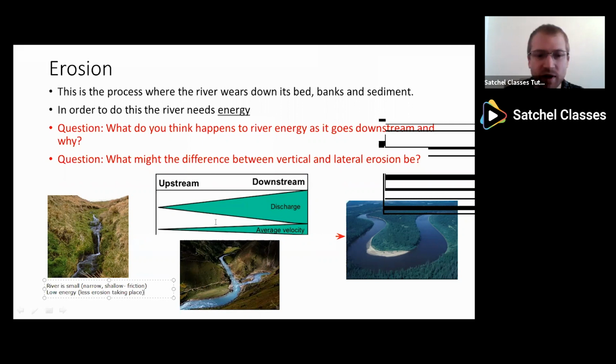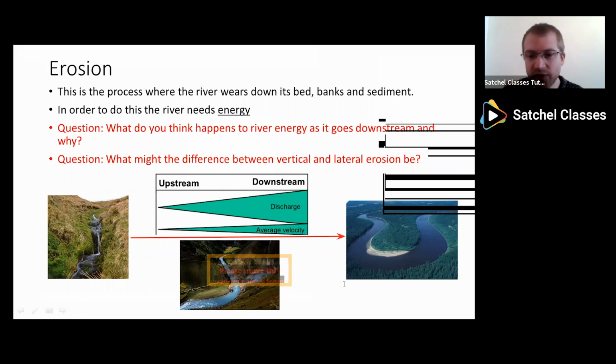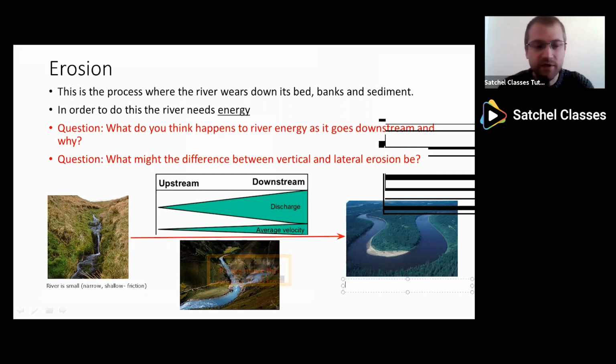So if we switch over to our picture on the far right, what we're looking at is a river that's basically the opposite. Visually, this is the lower course of the river. We can see that the river is wider. We can presume that it's deeper. We can't see any white water, so we know that it can't be shallow.